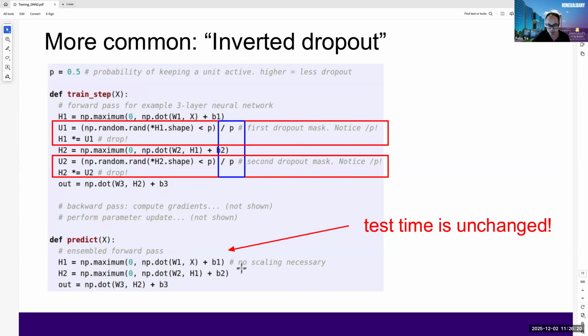It will not affect the testing at all, because if we just look at the inference or testing, this code will not confuse you, and it makes sure this is correct. So this is called inverted dropout. You basically do the dropout, but in the meantime you divide your weights by p, so this is already taken into consideration when we do the testing.